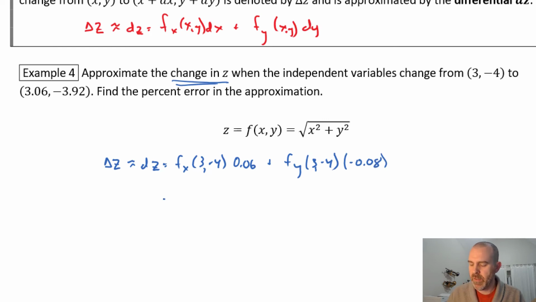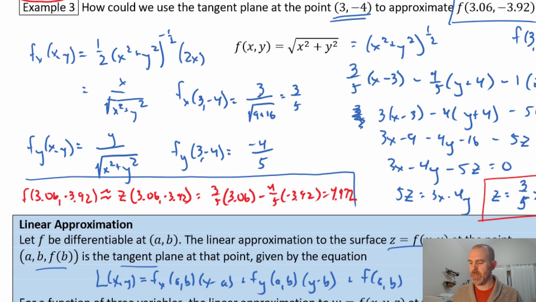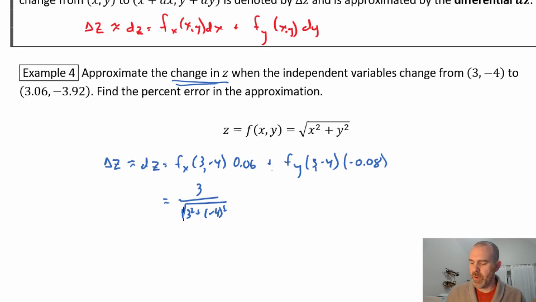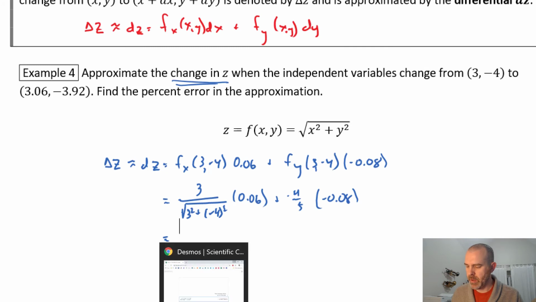Our partial derivative in the x direction was x over the magnitude, so the square root of 3 squared plus (-4) squared. If we scroll back up, you can see there was that 3/5, the slope in the x direction, and the slope in the y direction was -4/5. So 3/5 times 0.06 plus -4/5 times -0.08.